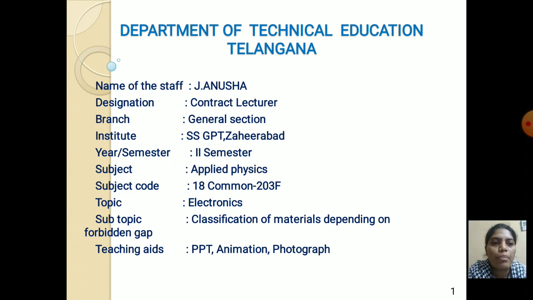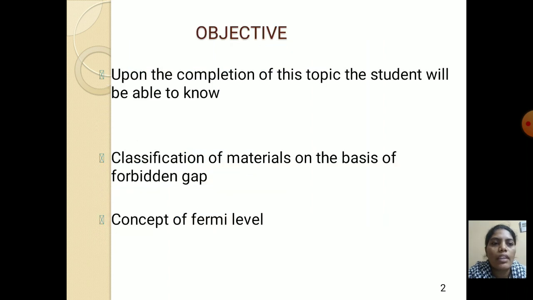Now from this chapter in today's class we are going to learn about classification of materials depending upon forbidden gap. To understand this, we are going to use a small PowerPoint presentation and, with the help of some photographs, we are going to see how materials are classified.